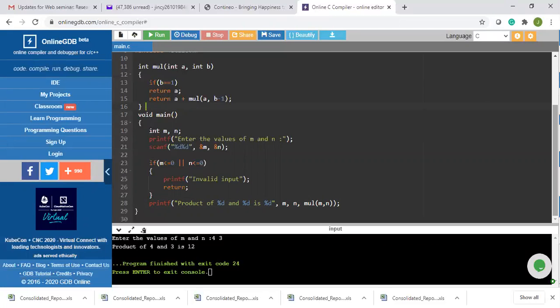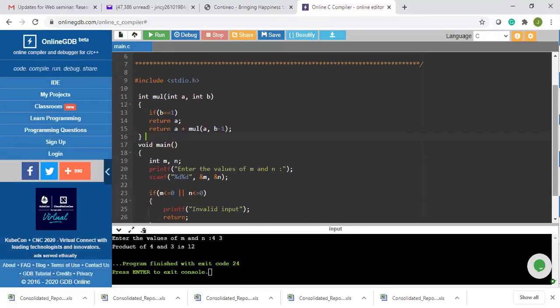Okay, so we're declaring it outside main, but defining also we will be doing outside. We can also do it in this way. Int sum. We have only one number, so let us take it as n.